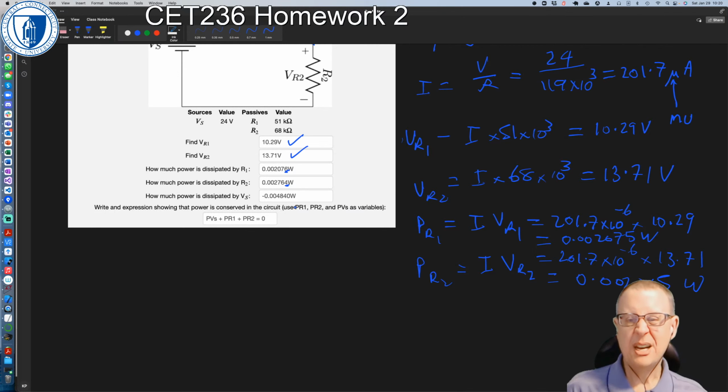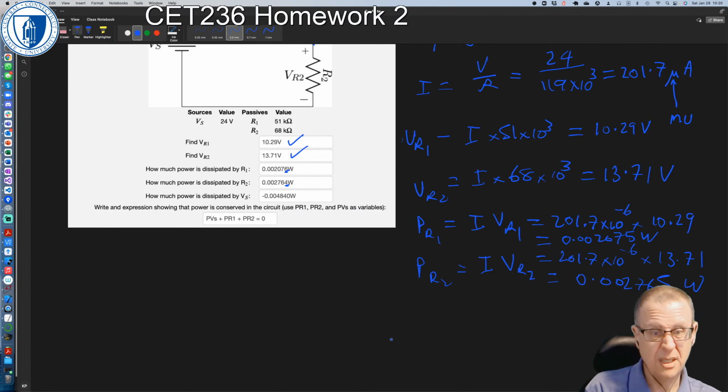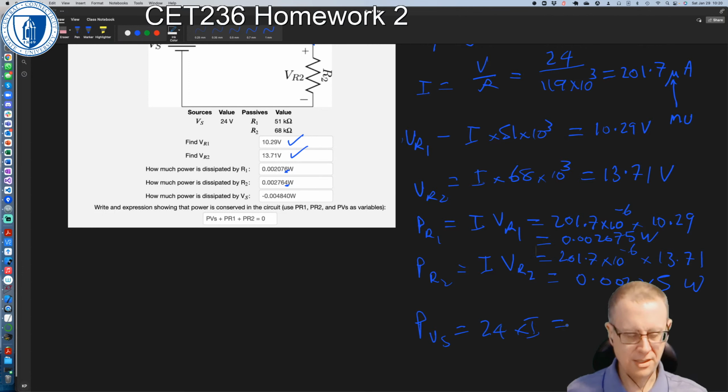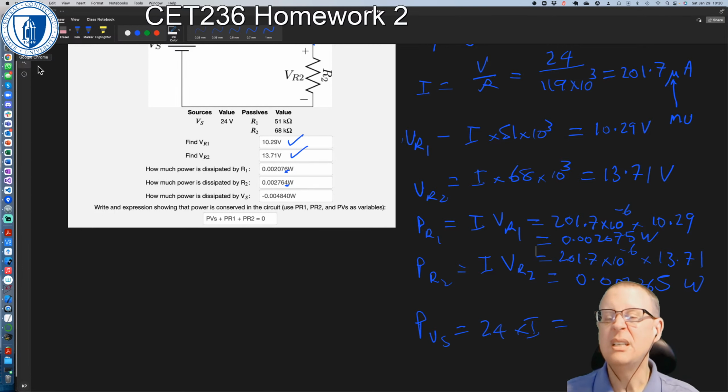And then how much power is dissipated by Vs? Well, current is 201.7, the voltage is 24. We just multiply those two to get, right? So the PVS is 24 times I, and let's see what that comes up to in our calculation.